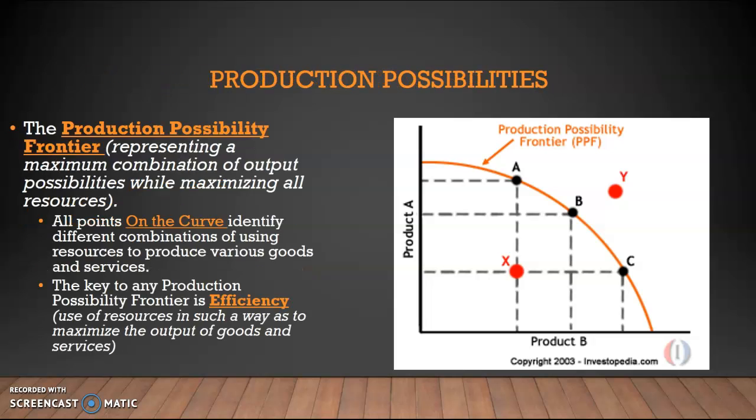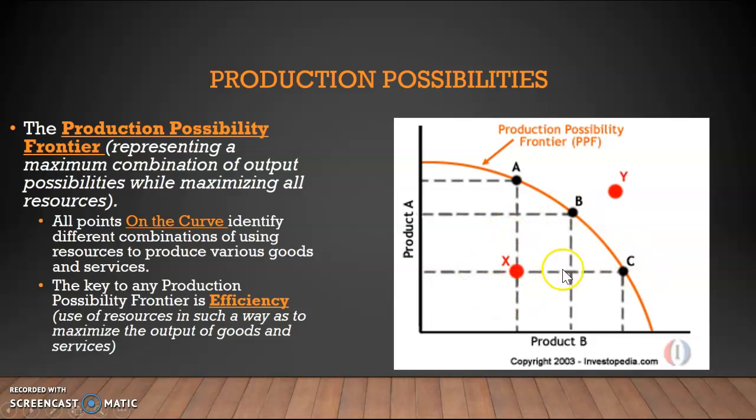So the PPF basically represents a maximum combination of output. So assuming that the government or the economy or the society is making the maximum output of all of its resources, using all of its resources to the most efficient extent possible. So all points on the curve here, A, B, and C, are different combinations of using resources to produce products A and B.